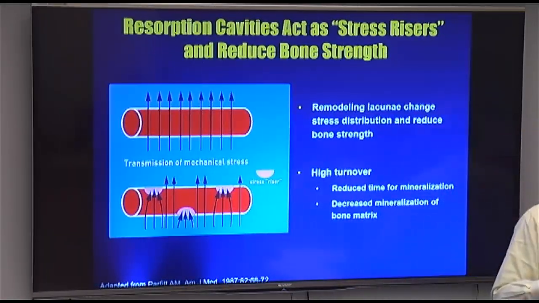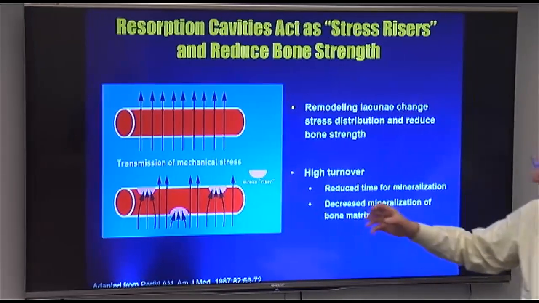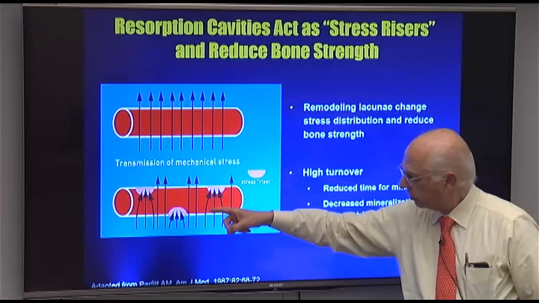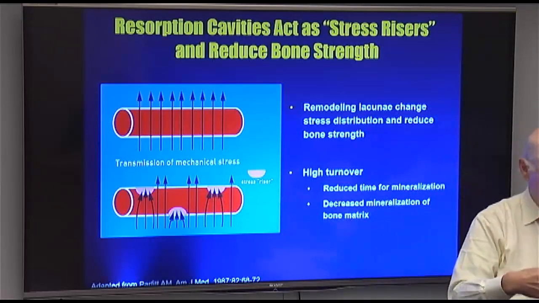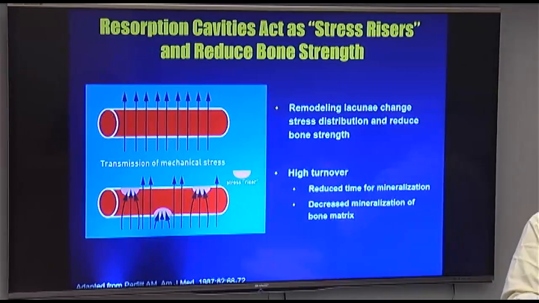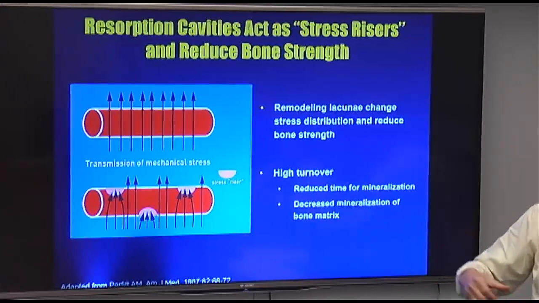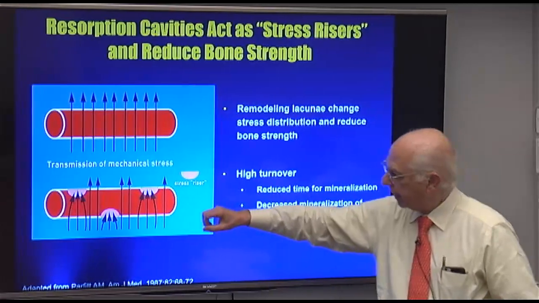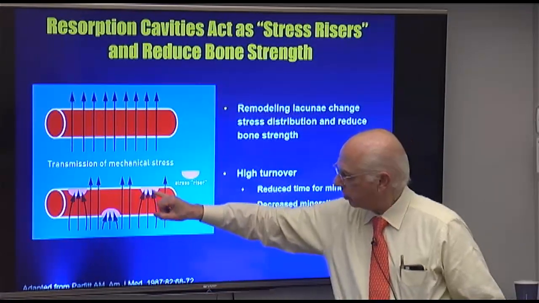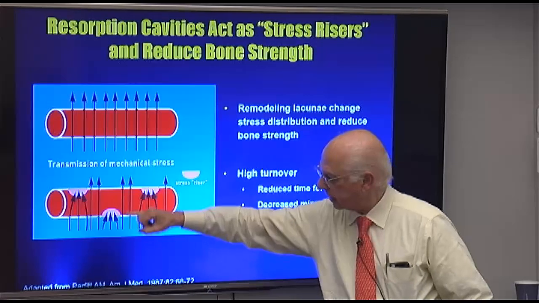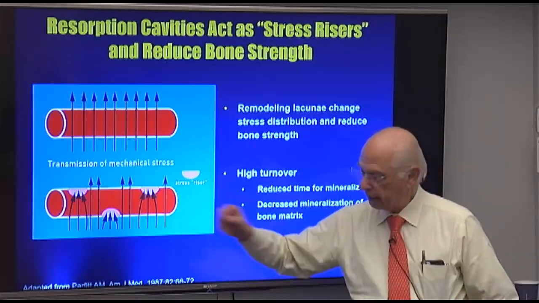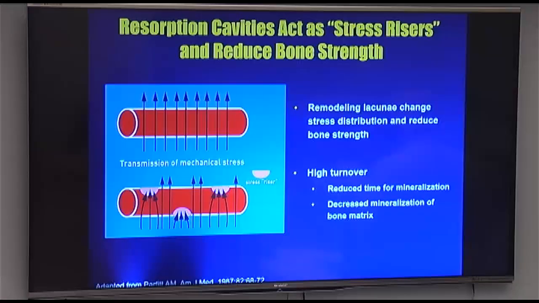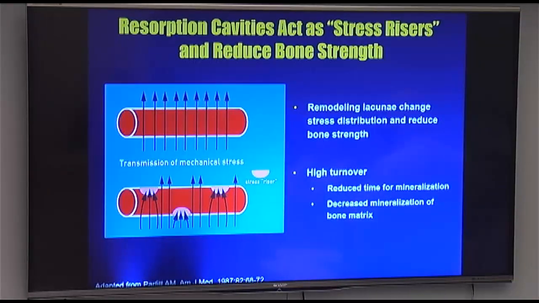And the more of these units you have, the more stress is going to be concentrated at these micro units. They're called stress risers. And so forces get concentrated in these little areas. And if you had a stress riser directly opposing each other, you would even be more vulnerable. So these resorption cavities are stress risers, and that's where bone breaks.